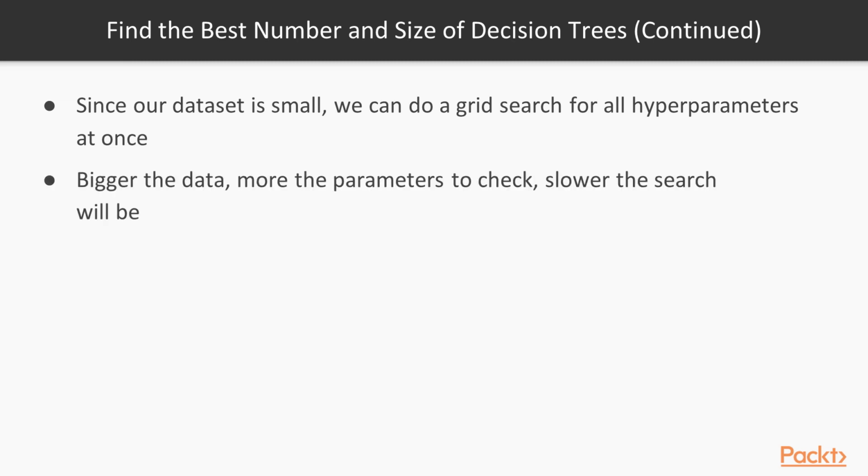But keep in mind that the bigger the data is and the more parameters we need to check, the slower the search will be, obviously, because we have to initialize our model with each of those values, and the more parameters you have, the more combinations you will have. Also keep in mind that each test is a cross-validation test, so this is also pretty time-consuming.